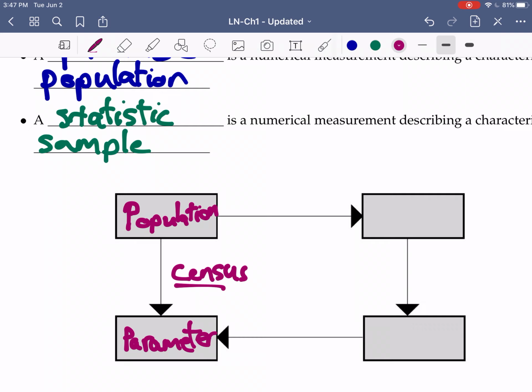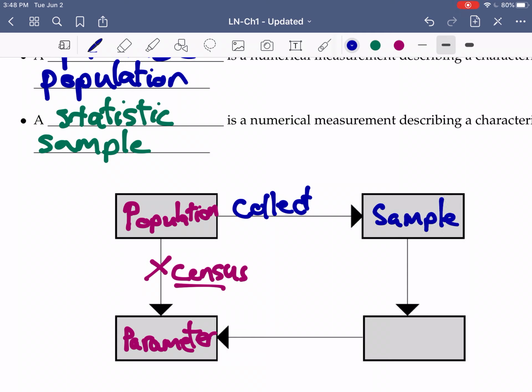They tend to be underrepresented in the census because it's difficult to get information from the entire homeless population because of the transient nature of their situation. And so we don't often get a census. Instead of a census, from the population, we will collect a sample.